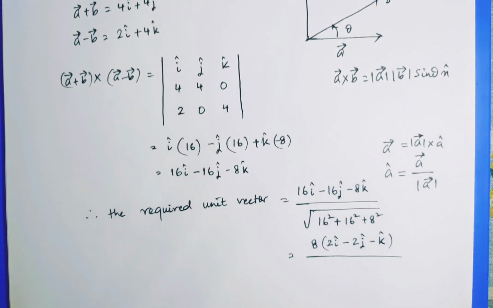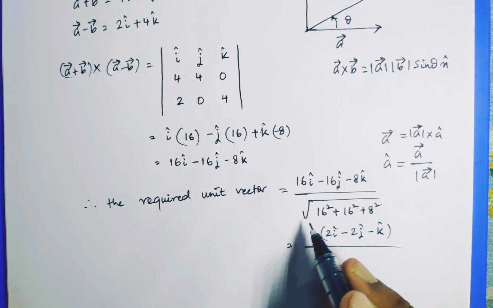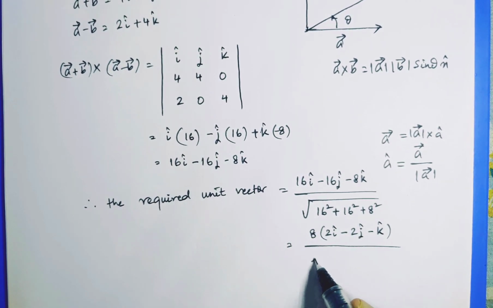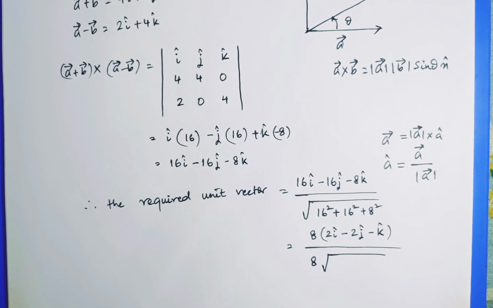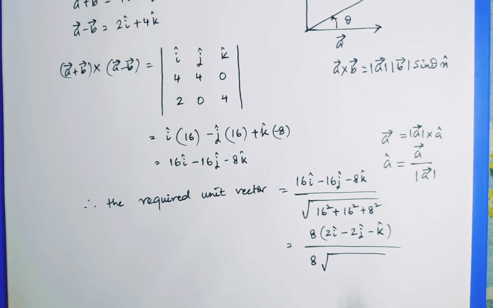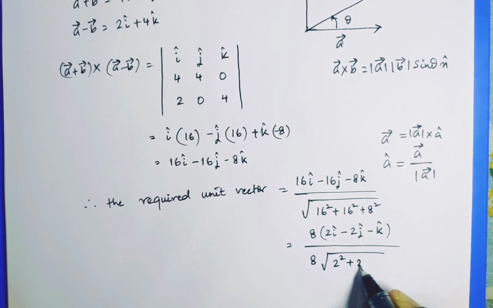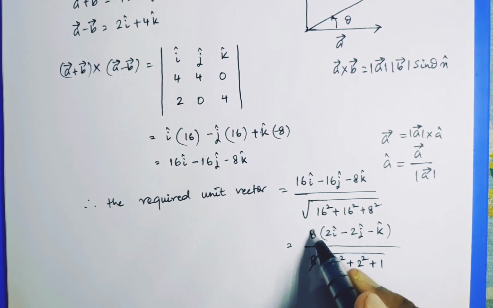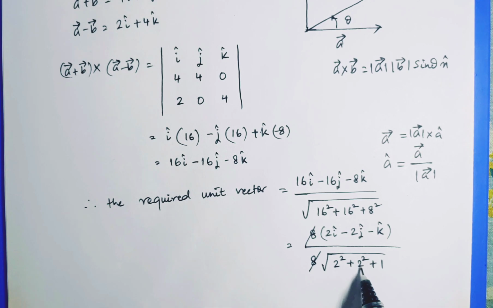Right? Now what about the denominator? In the denominator, again I can take 8 out, right? If I take 8 out from here, so what do we have in here? Can you tell me? It will be 2 square plus 2 square plus 1. So this one goes, and 2 square plus 2 square plus 1.